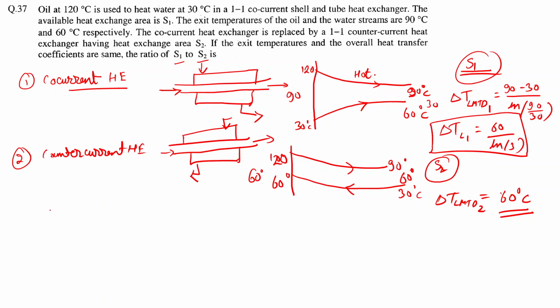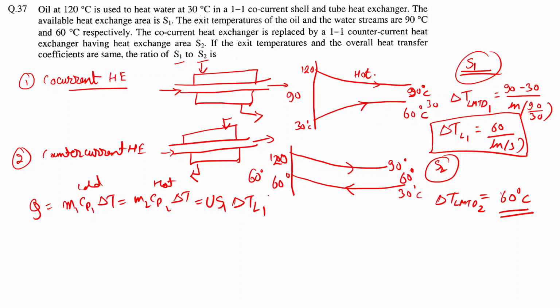For any of these heat exchangers we can write Q as m1 Cp1 delta T for the cold fluid, and similarly for the hot fluid it will become m2 Cp2 delta T, and this will be equal to U times area, let's just consider it for the co-current heat exchanger, so the area was S1, times delta T LMTD, that is delta T L1.